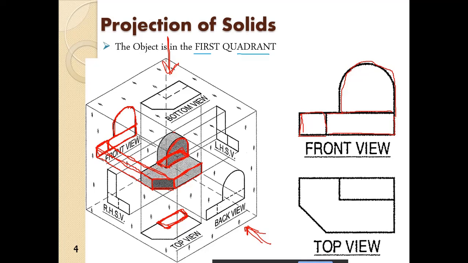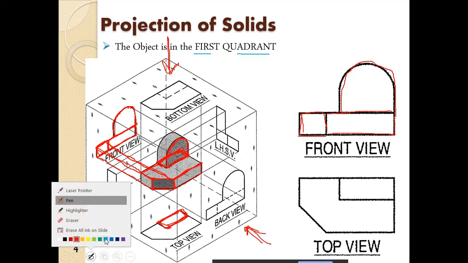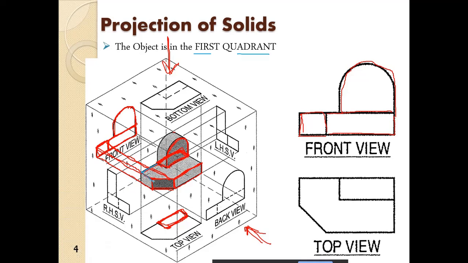And when we see from the top, we will also see this top surface, along with this part. So we will see it in this manner when we look from the top. This is projected on the horizontal plane here.